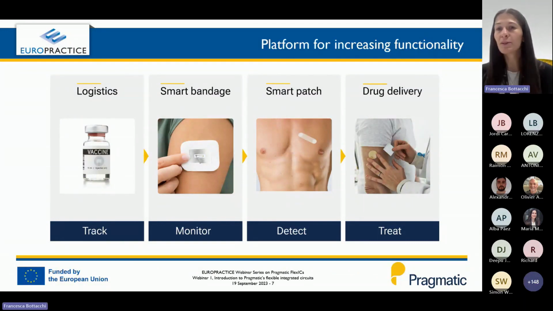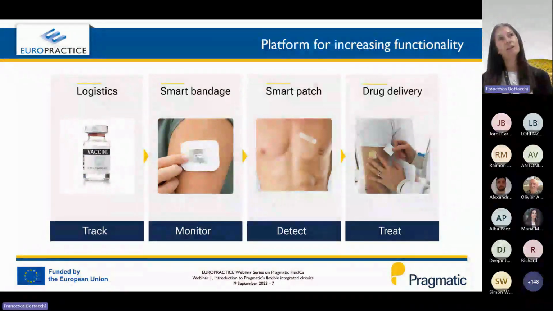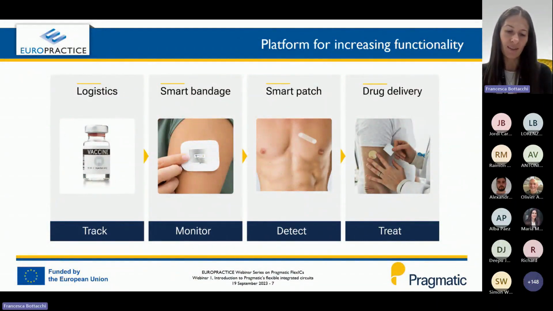Another example is a smart patch, where you can design a circuit that can detect, for example, an anomaly in your heartbeat. And again, integrated with an NFC, you can use this to detect anomalies.